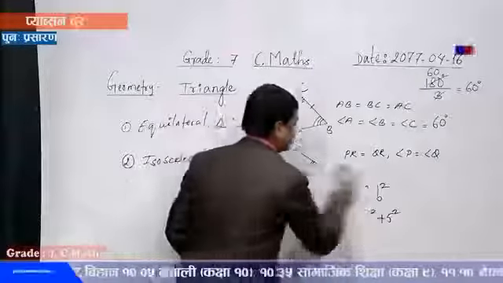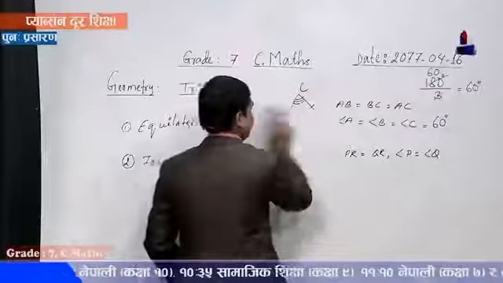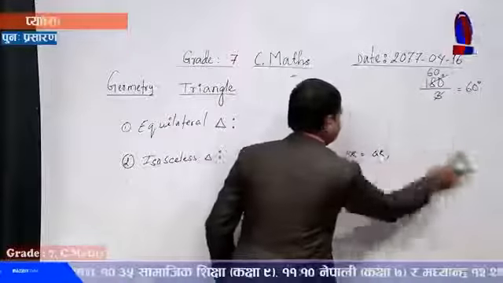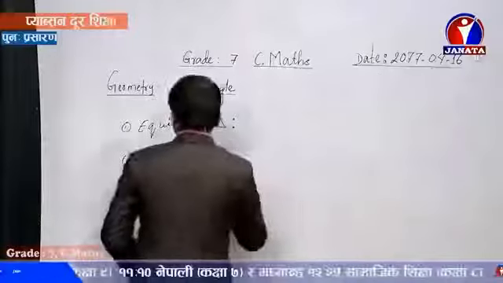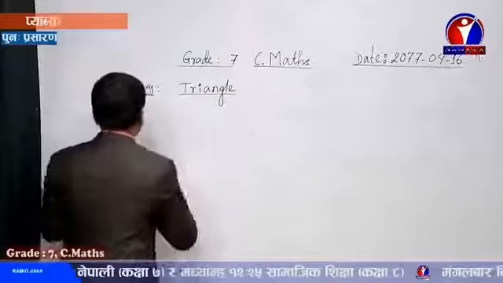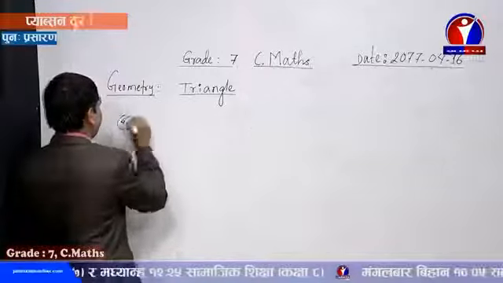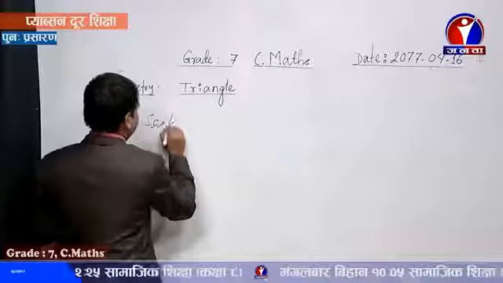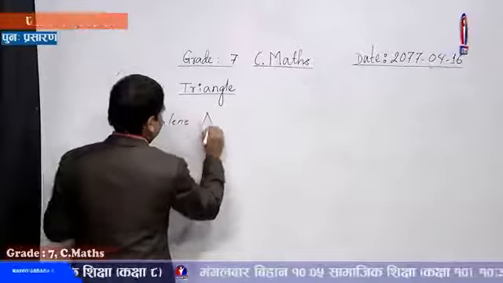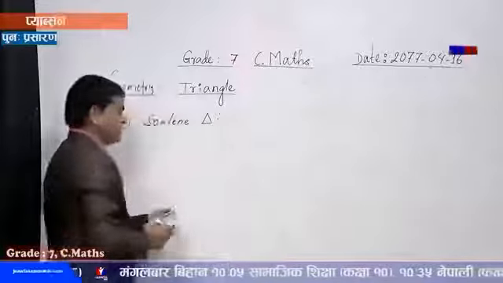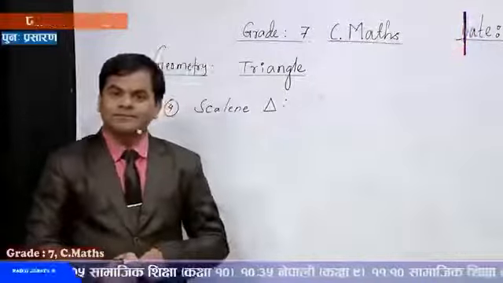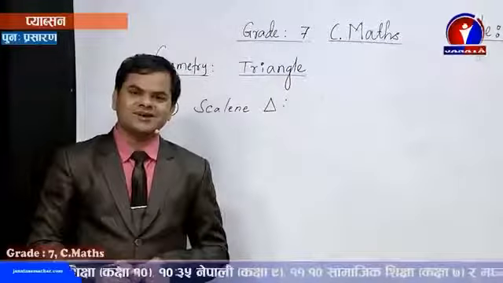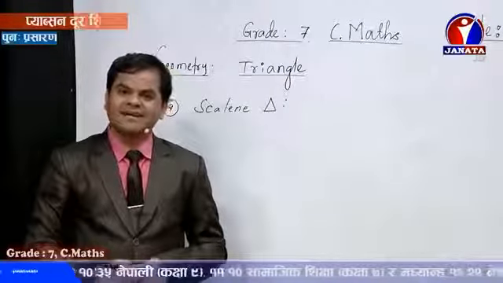Now I am going to focus on the last one. Dear friend, you might have already understood what I mean. Which one? Scalene, isn't it? Scalene triangle. That means the fourth one is scalene triangle. This is the type of triangle where the sides are different.